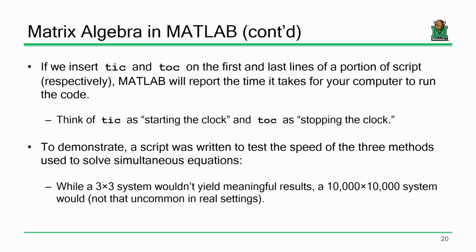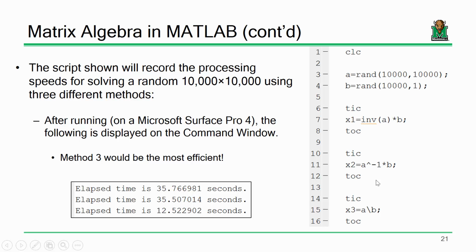So you put in a pair of tic-toc, and whatever's in between the two, it's going to be measuring the amount of time it took to execute. Now, you didn't notice that there was any difference in how long it took for that simple 3x3 matrix that we were working with before. But let's say, what if you had a 10,000 by 10,000 system? Then it's going to make a difference. So let's try that out.